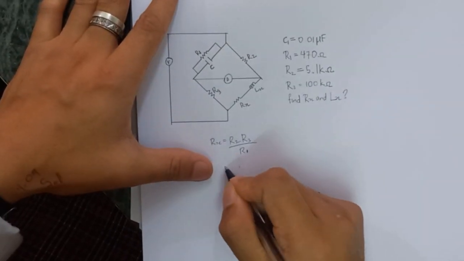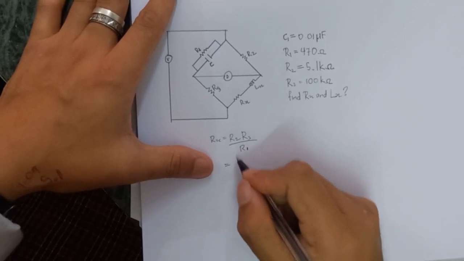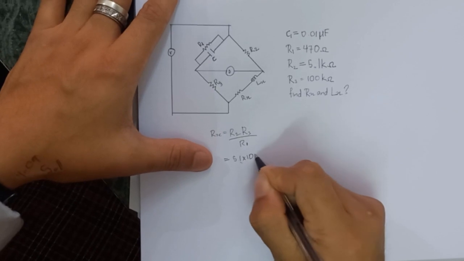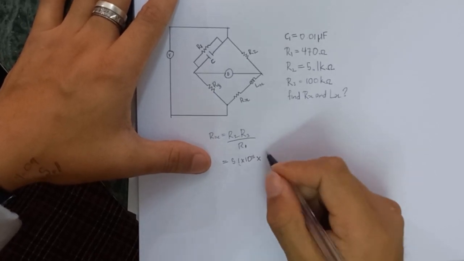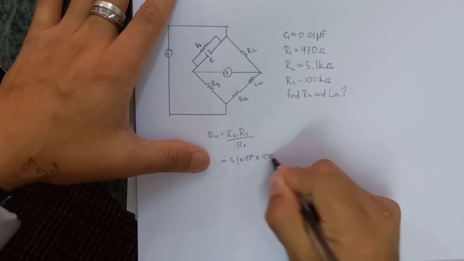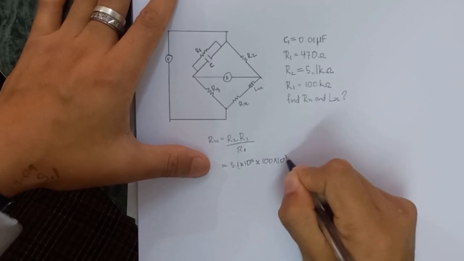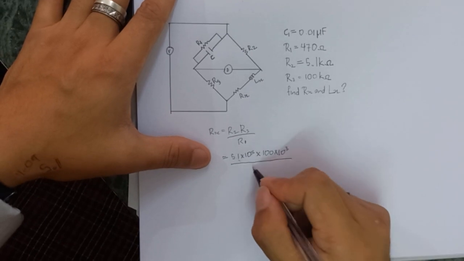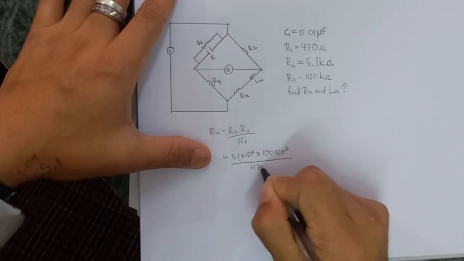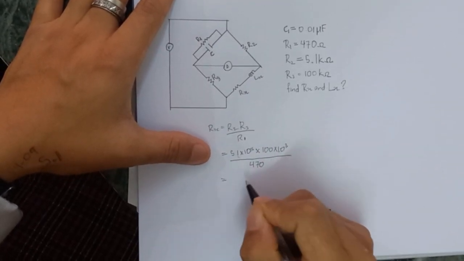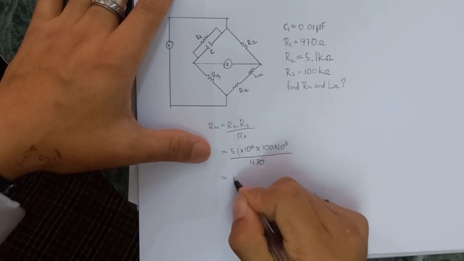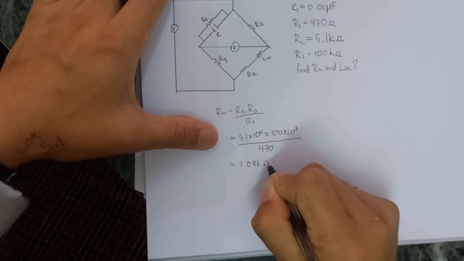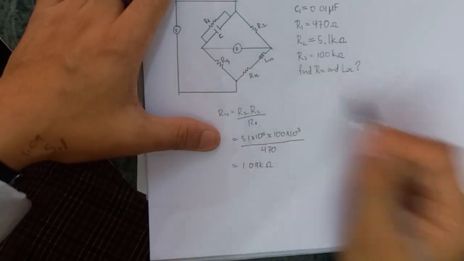So R2 times R3 divided by R1, which is 470 ohms, gives approximately 1.09 kilo ohms. This is the value of the unknown resistor.